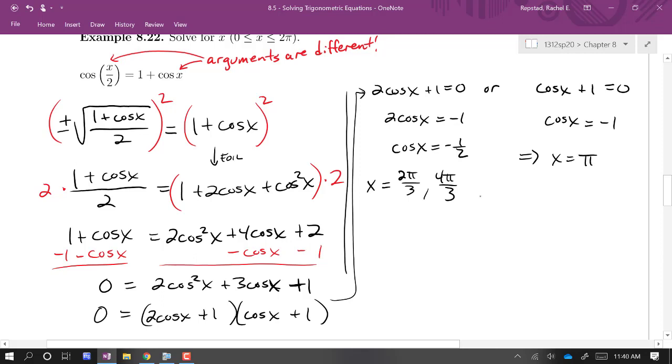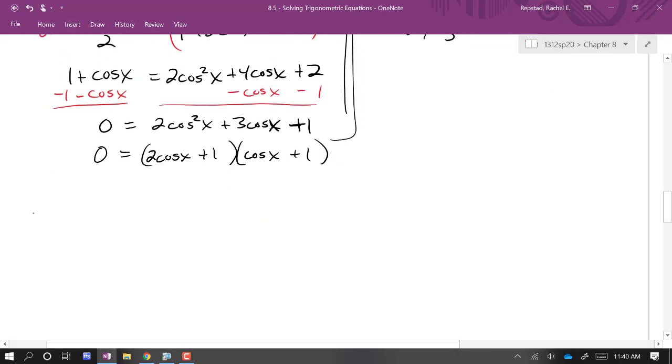So we have these three answers, but remember, again, we turned this into an equation with radicals. It's possible to get extraneous roots. So we're going to check each of these in the original equation up here, cosine of x over 2 equals 1 plus cosine x. So here's our equation.